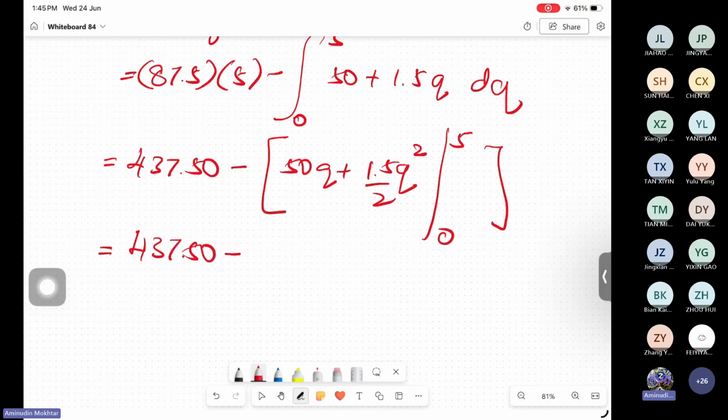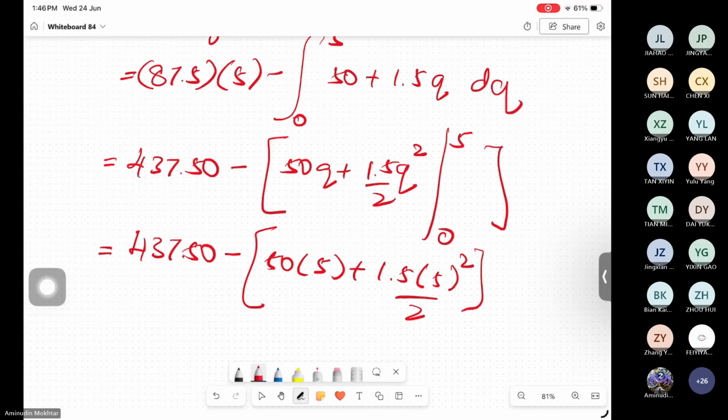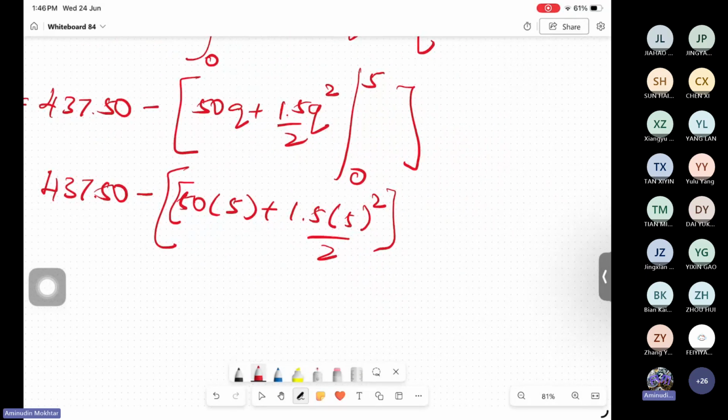437.50 minus. First, we substitute Q equal to 5 in this expression: 50 times 5 plus 1.5 times 5 to the power of 2 divided by 2. That's the first part. The second part is 0, because 50 times 0, Q equals 0, plus 1.5 times 0 to the power of 2 divided by 2, the answer is 0.